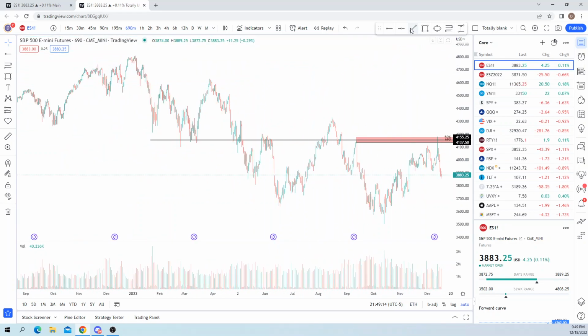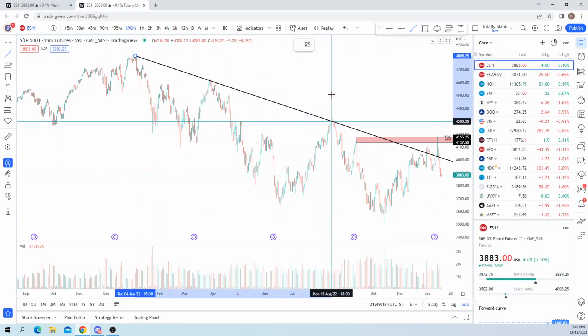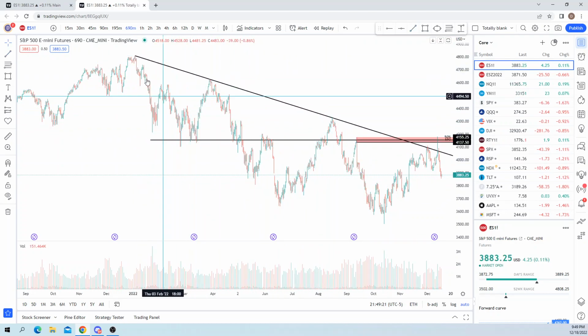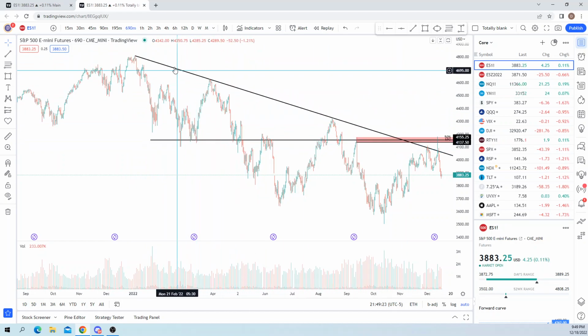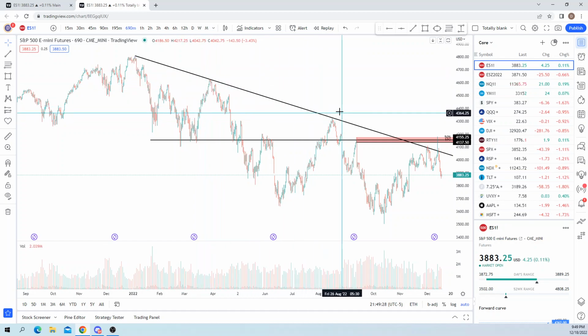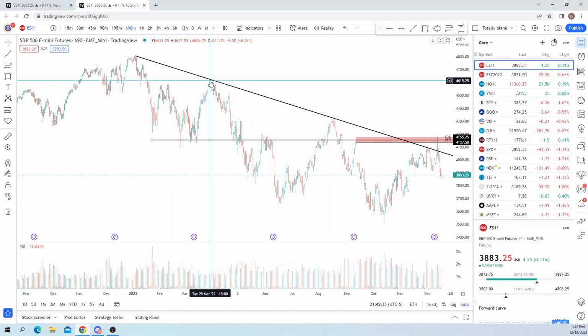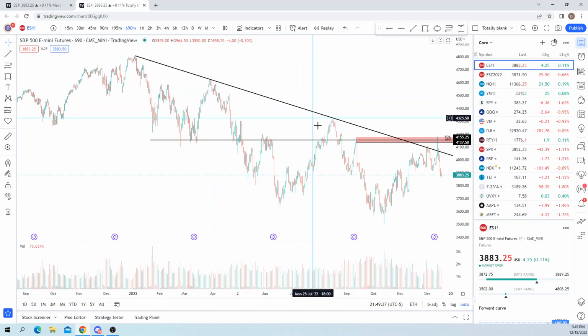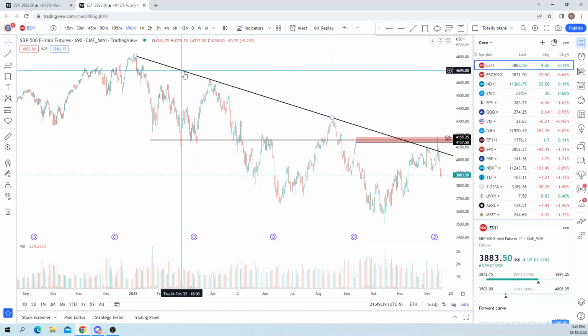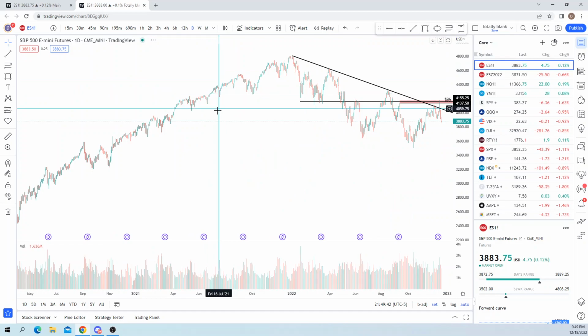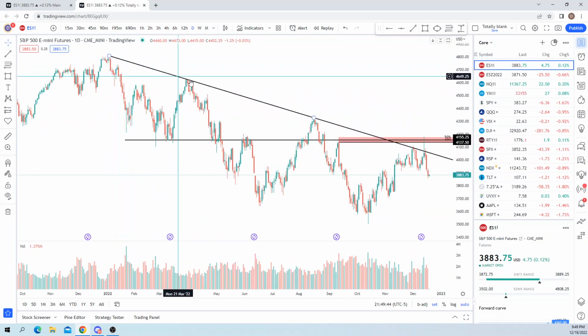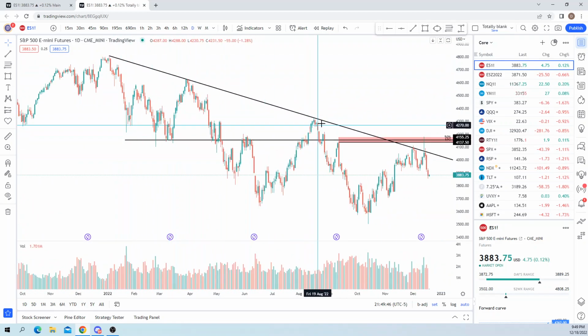Another very important technical context is the fact that the S&P 500 had this massive downtrend resistance line that marked 3 long-term macro tops, okay? So this high in January, and then another high in March, and then another high in August, all hit that same exact downtrend resistance line before plummeting, okay?